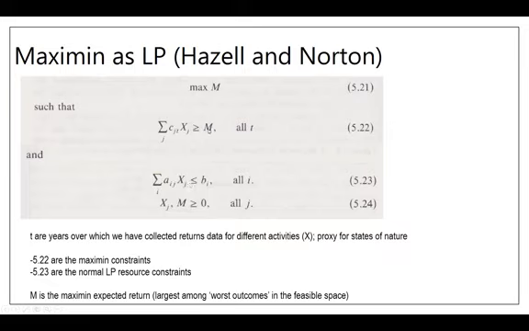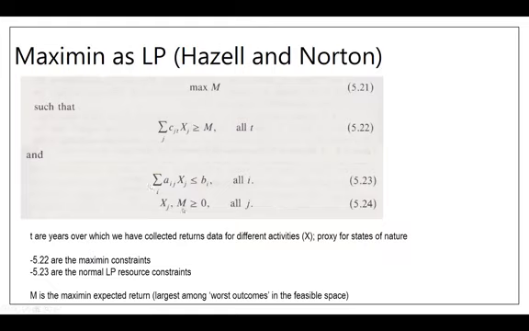And then M is going to be a selected variable, a choice variable that the model is allowed to adjust, and it's going to adjust it in a way that forces it to be the largest of the worst case scenarios. That's what this setup does.